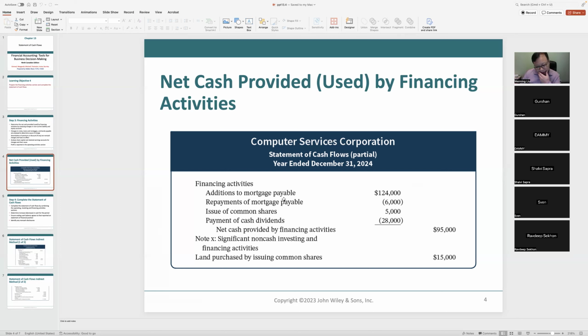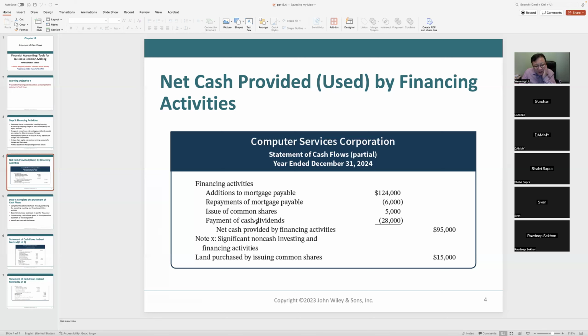Repayment of mortgage payable, so that's the opposite, right? It's going to take $6,000 cash to reduce the mortgage payable balance by $6,000. Right? You issue common shares, right? So you receive $5,000 by issuing common shares, and you gave the cash dividend.